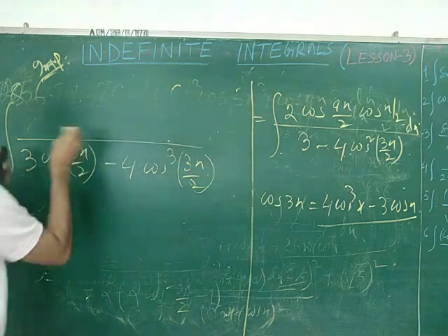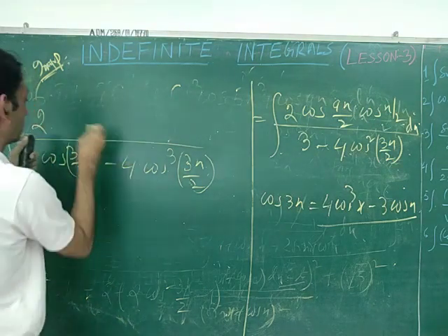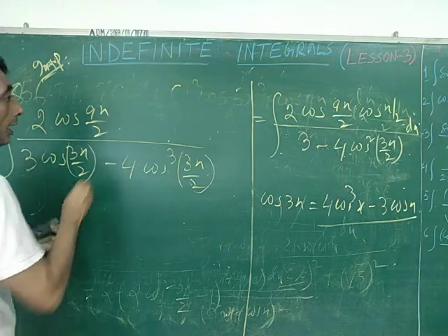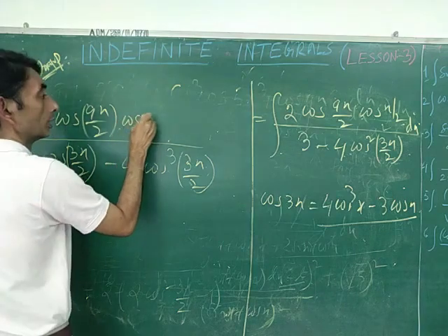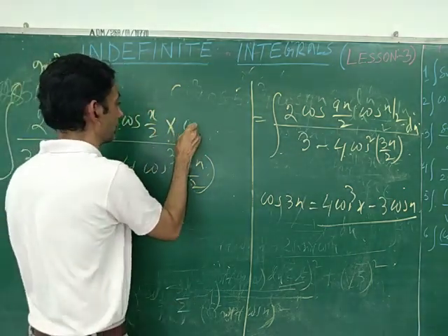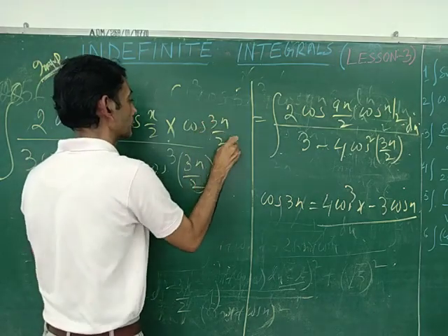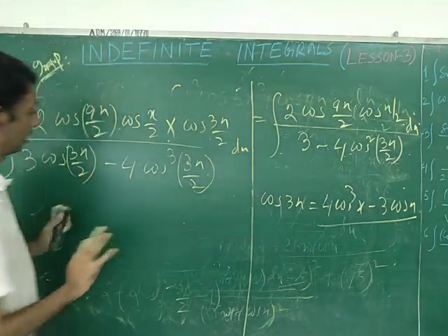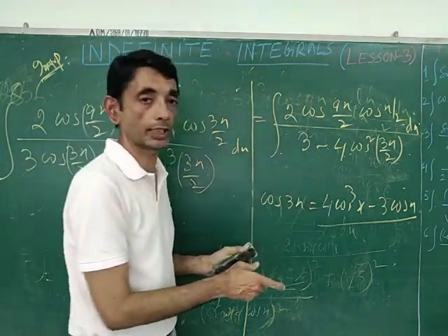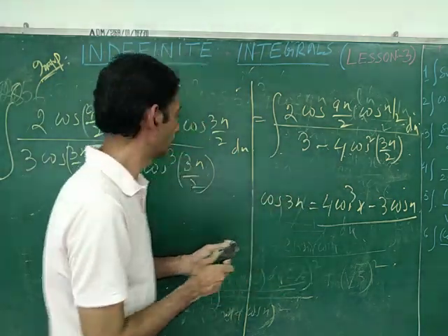Then we multiply the numerator also: cos 9x by 2, which is already there, into cos x by 2, and the extra term you are multiplying is cos 3x by 2, dx. I hope it is clear for you now.